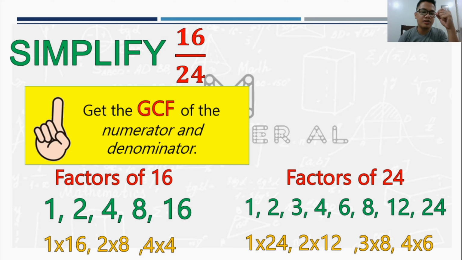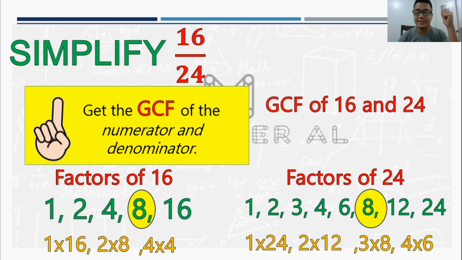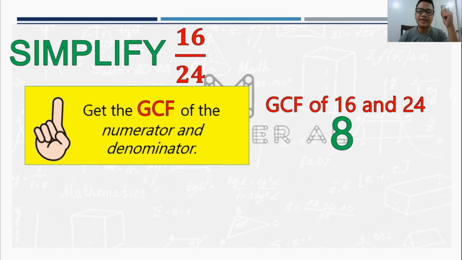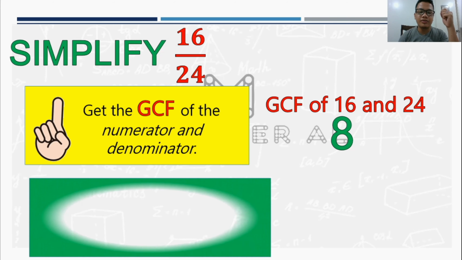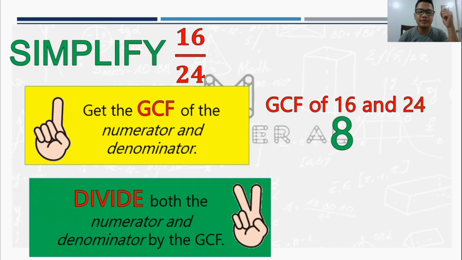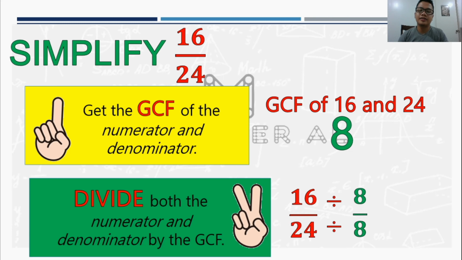So therefore, our GCF of 16 and 24 is 8. Now the second step, what's the second step? Okay, we must divide both the numerator and the denominator by the GCF. So we have it, 16 over 24 divided by 8 over 8.